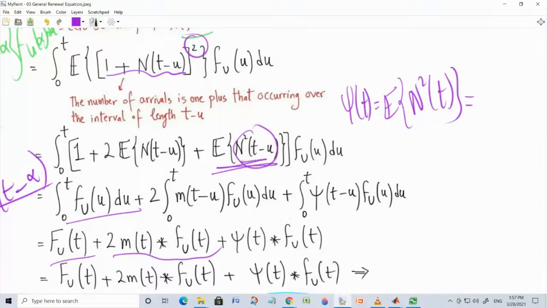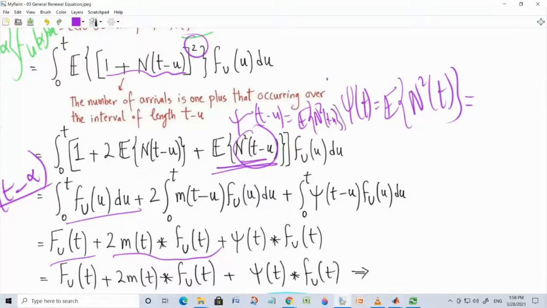What is this one? The expectation of N squared of t minus u. I explained it using alpha, but here I'm using u as a dummy variable of integration. What is this guy? The integral of the expectation of N squared of t minus u, which is psi of t minus u.